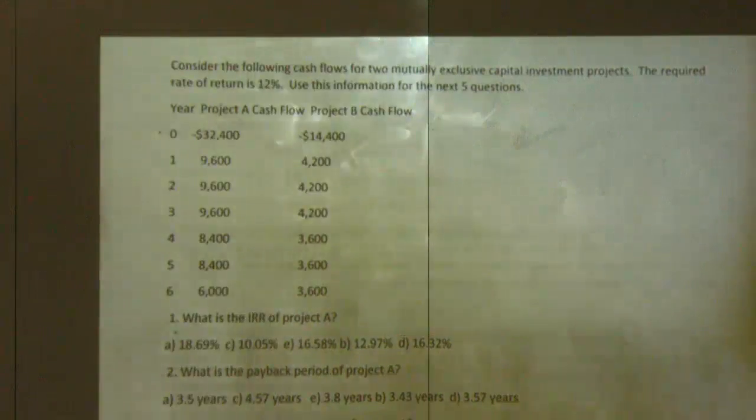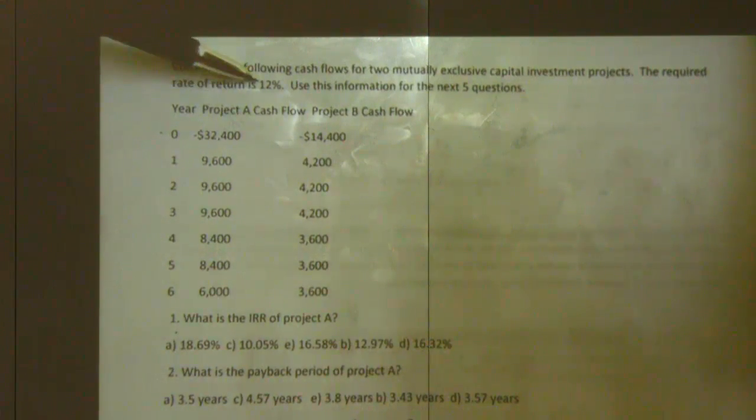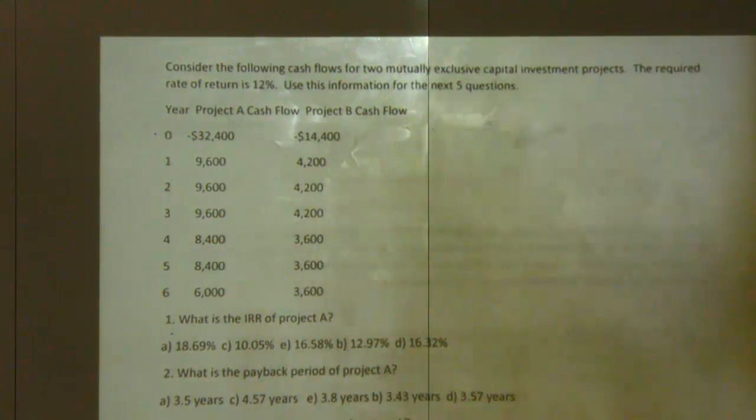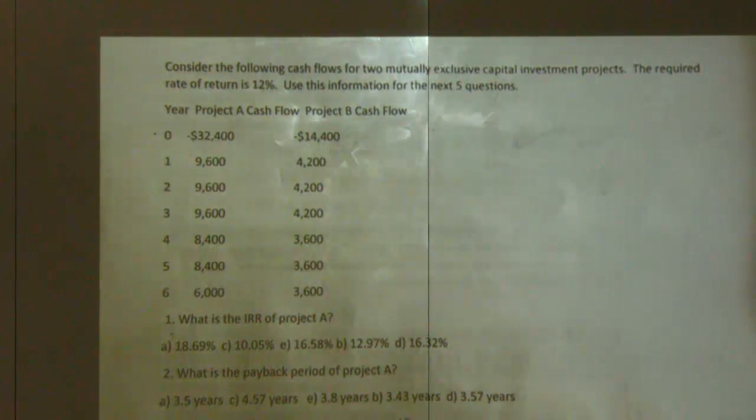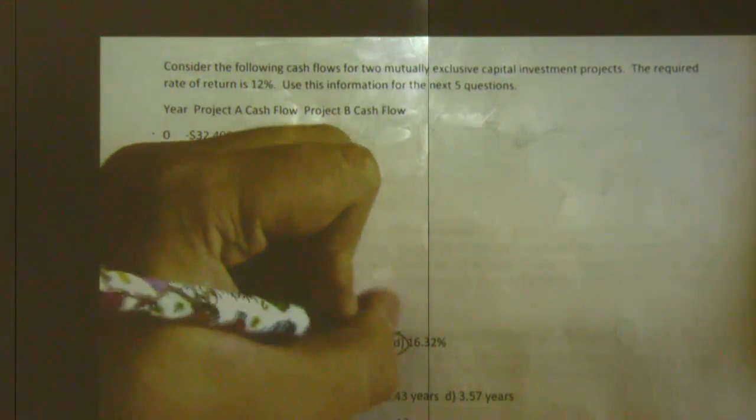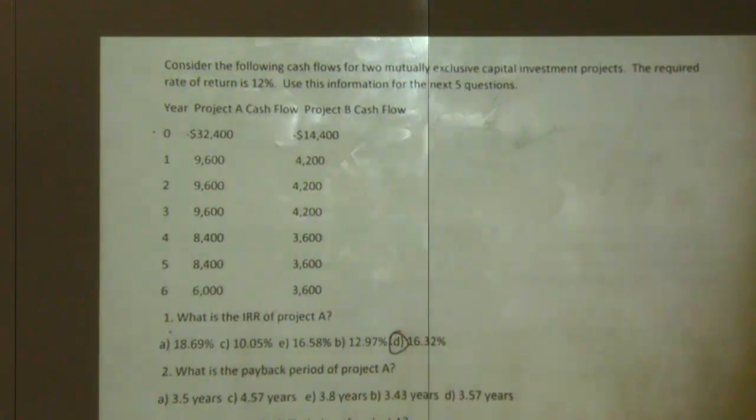So you input all your cash flows, you put in your percent of 12%, and here you should press Shift IRR, and this will give you an IRR of 1632. When it comes to IRR, it's almost strictly calculator. You just plug it in and get your IRR from that.